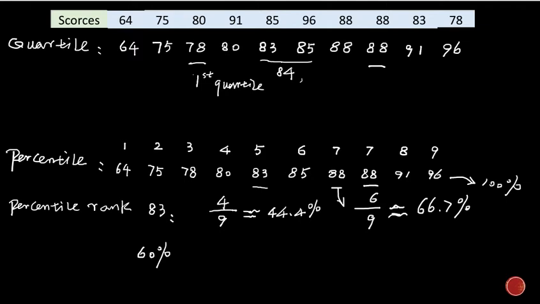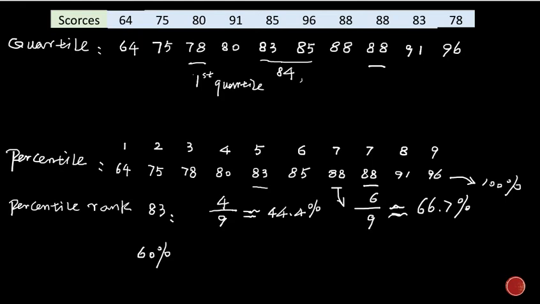That means the boundary of 60% is the 60th percentile. That means 60% of the data fall below this boundary, and 40% of the data fall above this boundary. But I want to know what is the score for the boundary of 60%?